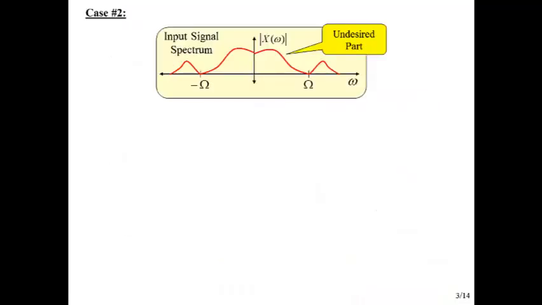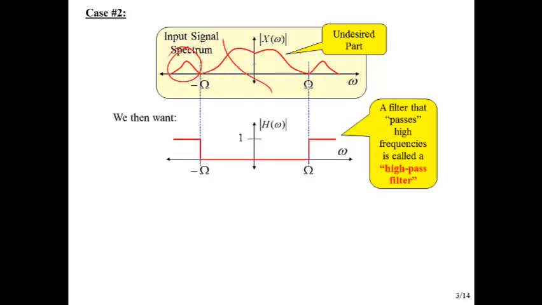Okay, case number 2, suppose that the stuff at the low frequencies is the undesired part, and what we want is the stuff at the higher frequencies. So there, what we're going to do is design a filter that passes high frequencies and stops the low frequencies.